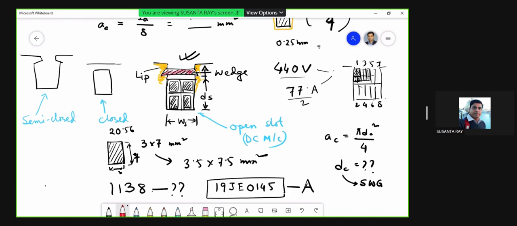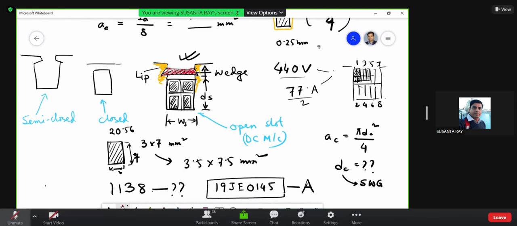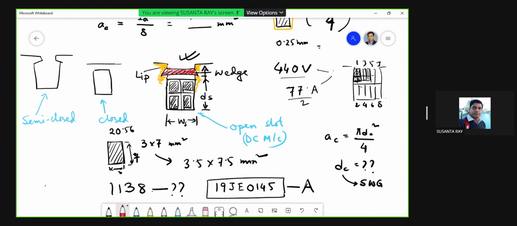A wooden bar is placed on the conductor so that when the armature rotates at very high speed, as it is an open slot, there is a possibility of the conductor coming out due to the centrifugal force.